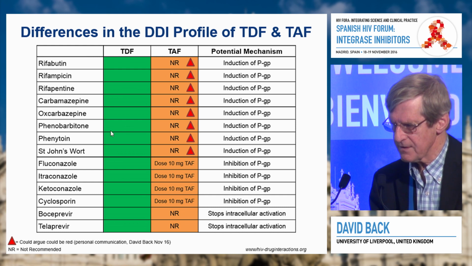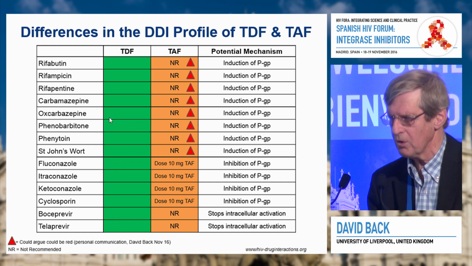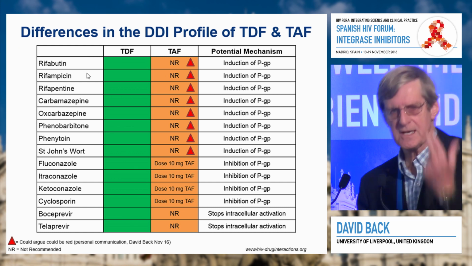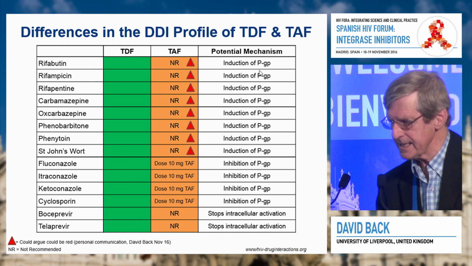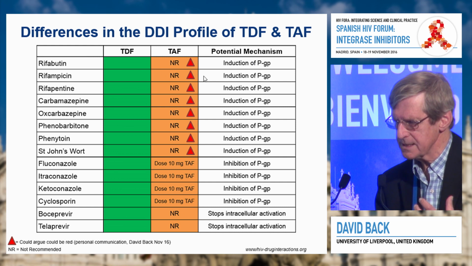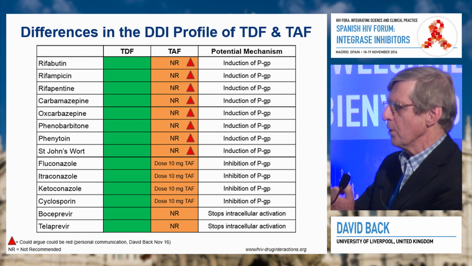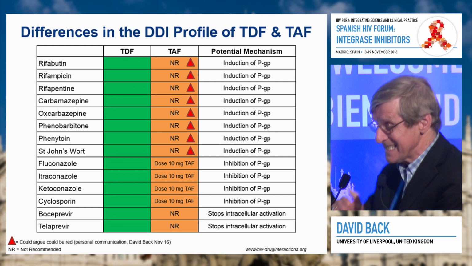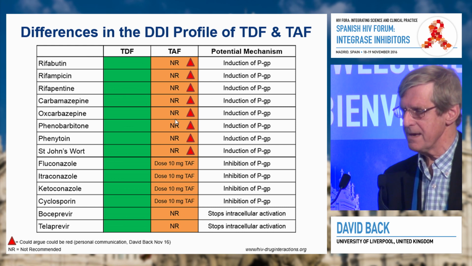And those drug interactions with TAF are all around enzyme inducers, or in this case, transport inducers, which can induce P-glycoprotein. And if you induce P-glycoprotein, it stops TAF getting into the body. So you get a lot less TAF in, and therefore those drugs are all not recommended.